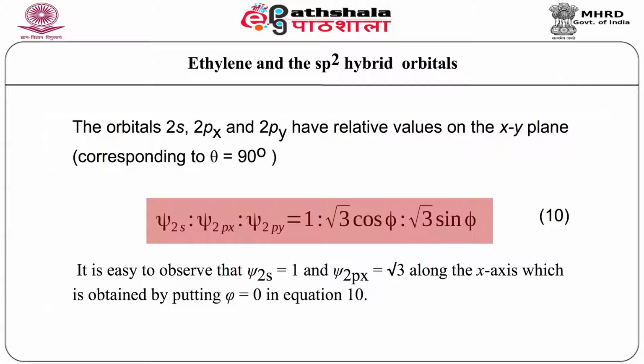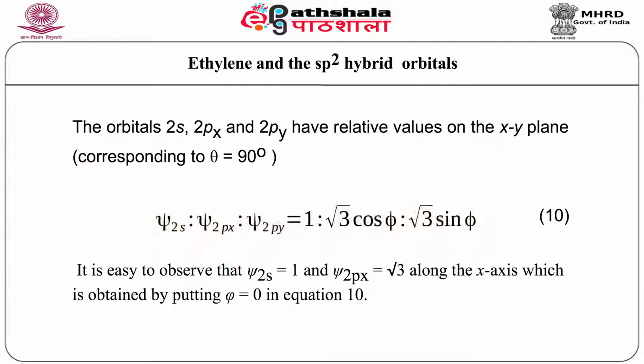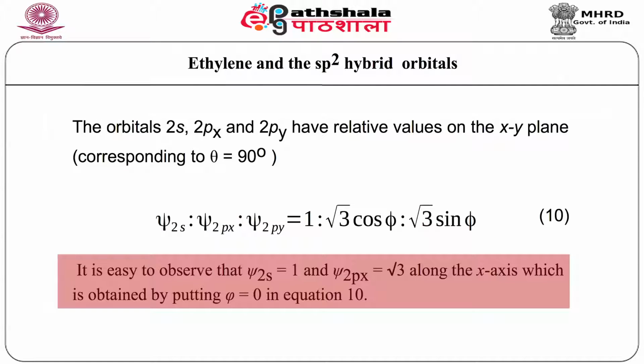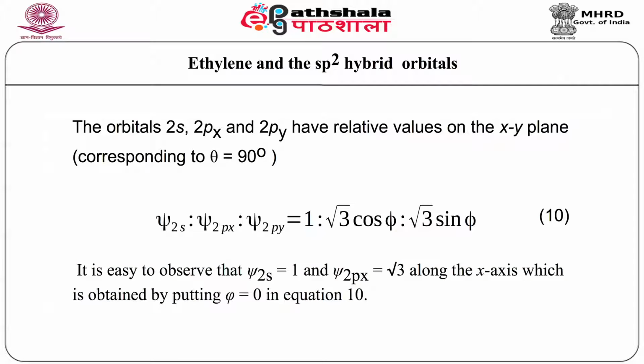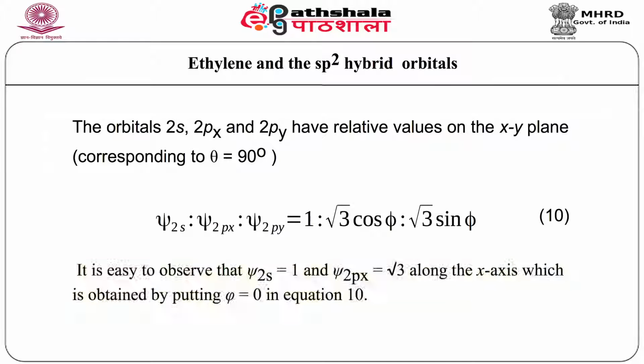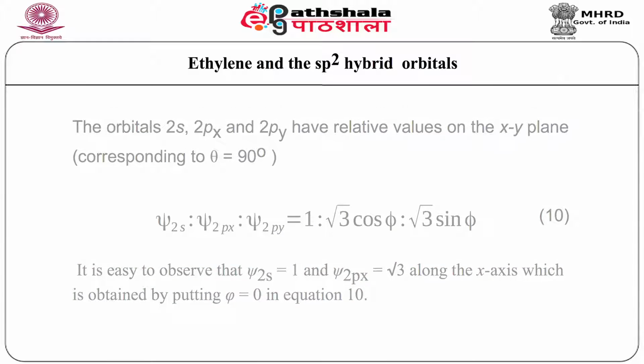The orbitals 2s, 2px and 2py have relative values on the xy plane, which corresponds to theta equals 90 degree, Ψ2s is to Ψ2px is to Ψ2py, that is equal to 1 is to root 3 cos phi is to root 3 sin phi. It is easy to observe that Ψ2s equals 1 and Ψ2px equals root 3 along the x-axis, which is obtained by putting phi equals 0 in the last equation.